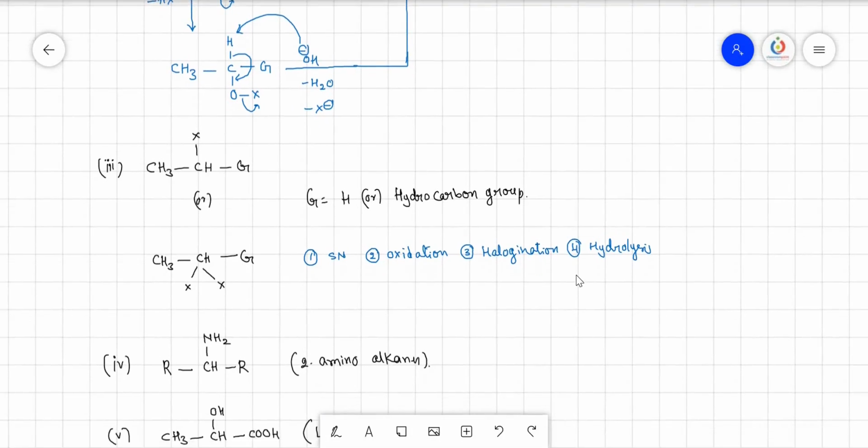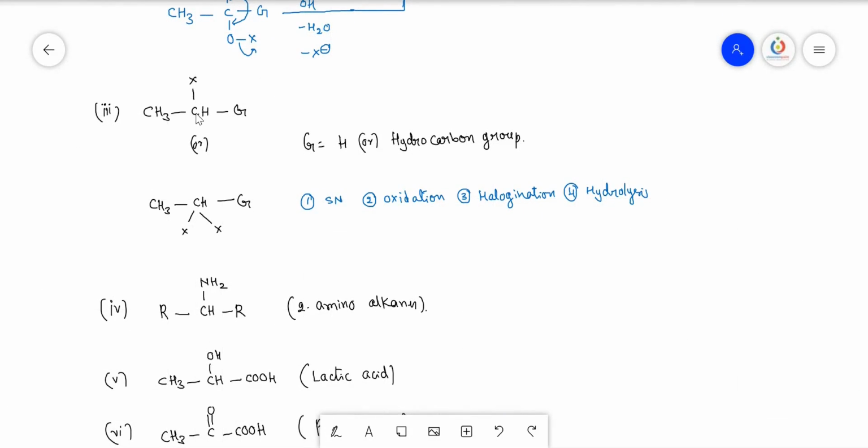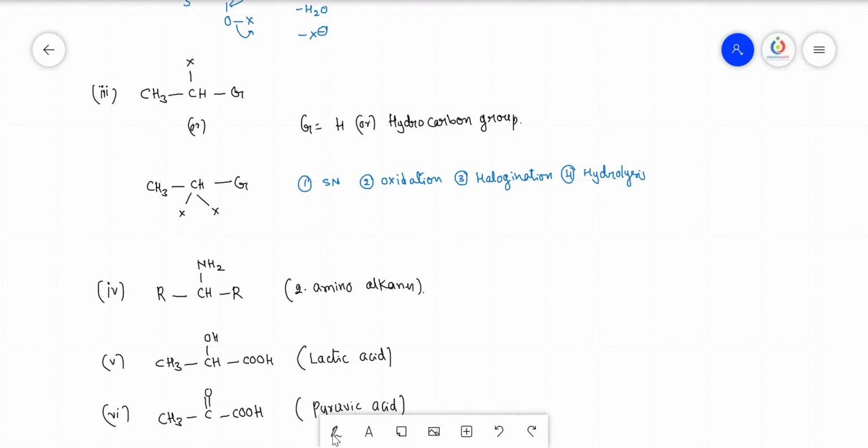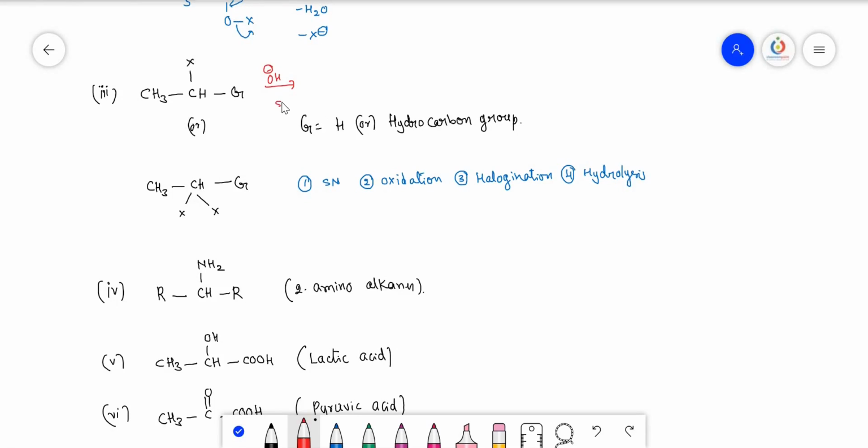Now apart from secondary alcohols and methyl ketones, compounds with monohalogen and geminal dihalides, having the CH3 group connected to the halogen-bearing carbon, also give the haloform reaction. In this particular case, first of all, when you use OH minus, this molecule undergoes a nucleophilic substitution reaction and replaces the halogen, so that we get CH3CHOH G. Here again G means hydrogen or a hydrocarbon group.